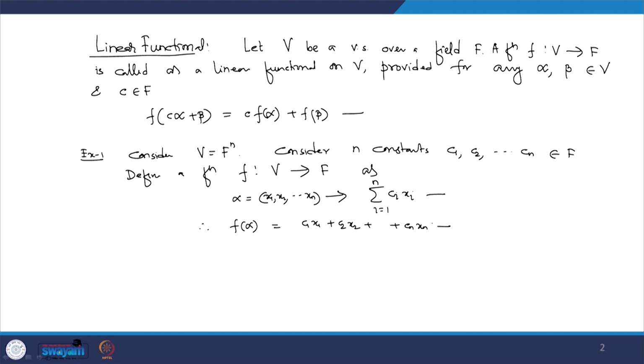We can quickly check whether this function is a linear functional or not.